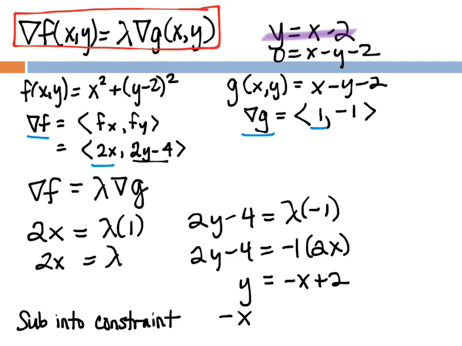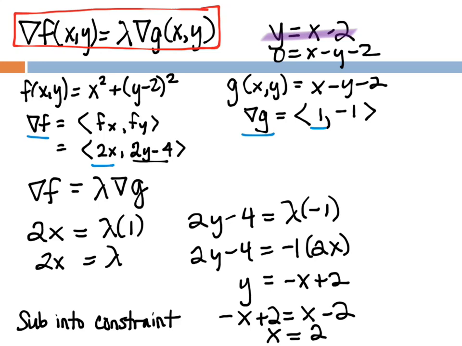So I've got -x plus 2 equals x minus 2. What would x have to equal to make that work? Solve that for x. Might be able to eyeball it even. 2 is correct. If you solve this, you get x is 2.